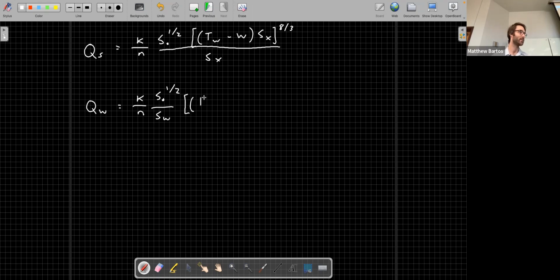We have TW times the shallower lateral slope S of X, plus the depression depth, to the 8/3 power, minus quantity TW minus W times the shallower lateral slope S of X to the 8/3 power. Okay. And then the total discharge is simply equal to QW plus QS.